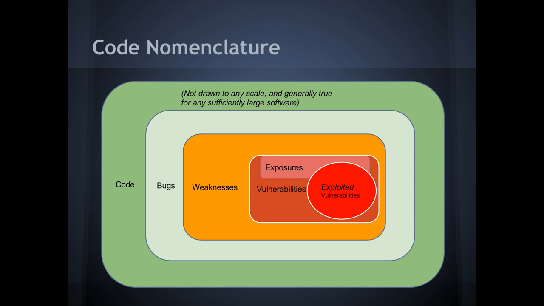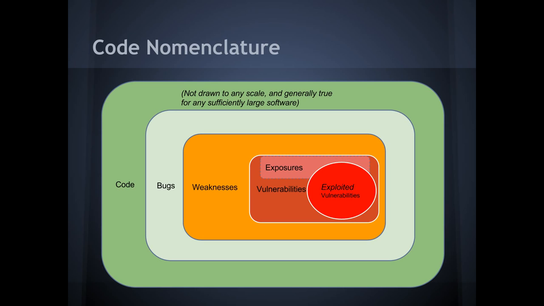But a useful way to illustrate all of this is that for all sufficiently large code, there are bugs. And a subset of those bugs are weaknesses. Now, a bug may be a miscalculation that perhaps rounds your taxes wrong. It's not necessarily going to cause your program to crash or compromise your security.